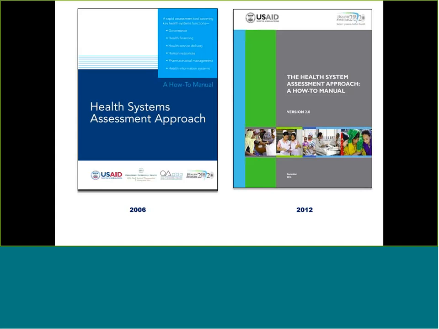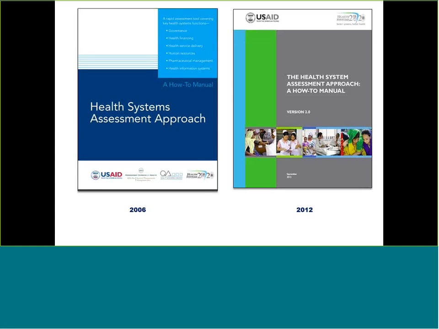So let me start by saying that this methodology, the Health System Assessment Approach, or HSAA, has been on the ground since 2006. Version 1.0 was rolled out in 2006.